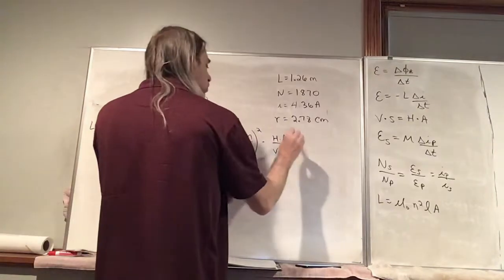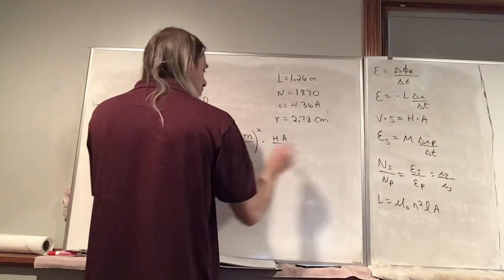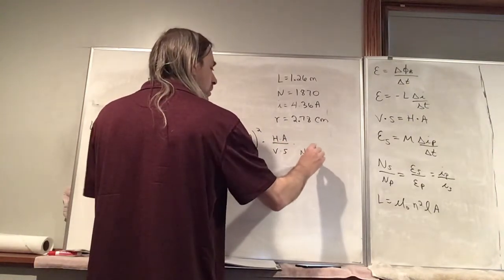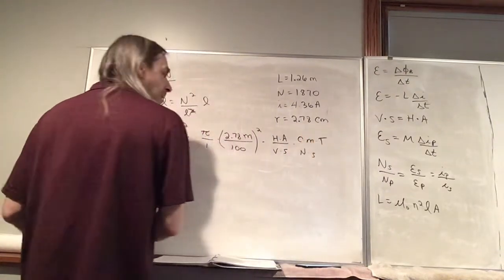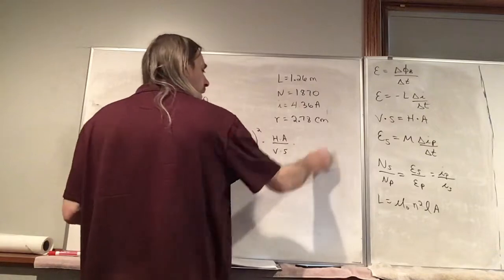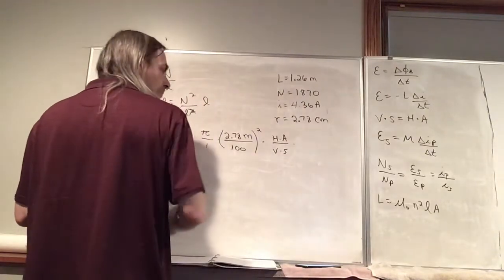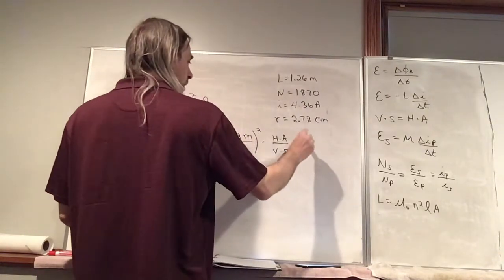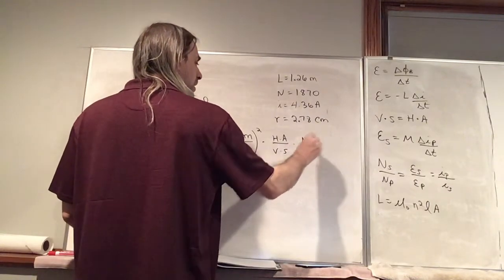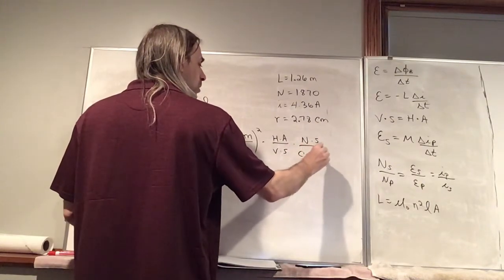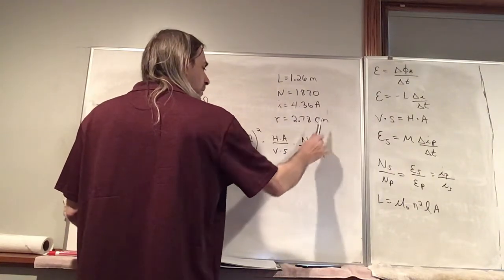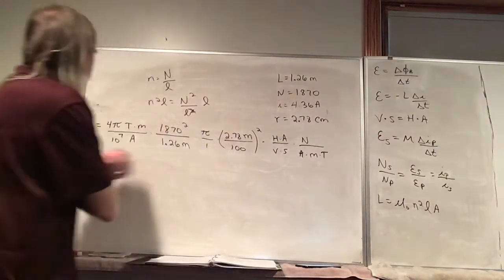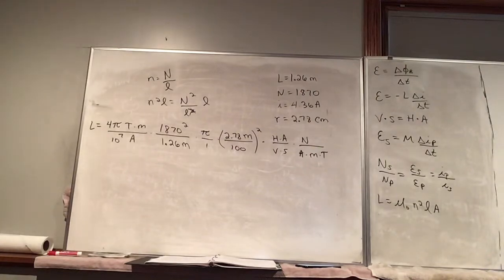A Newton times a second is a Coulomb meter times a Tesla, except we want to do that the other way. I'm going to write it like this. But now we've got newtons.